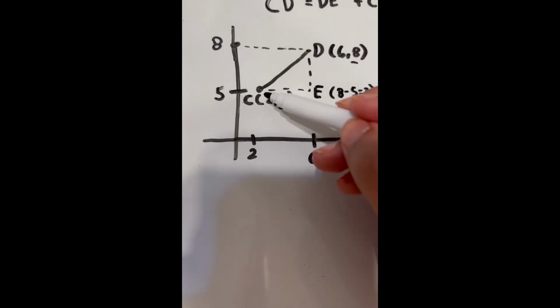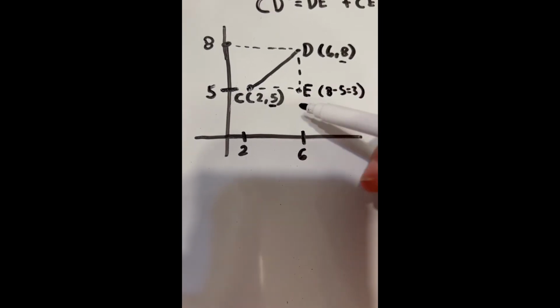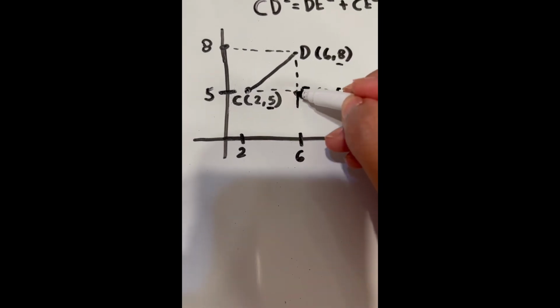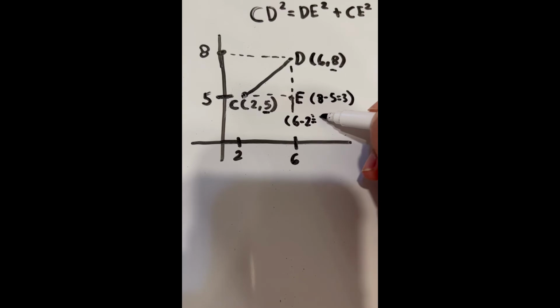And now we need to figure out the distance between C and E. So again, we only have C and D, the points, but we're going to make up this imaginary E to figure out the distance. In this case, it will be 6 minus 2, which gives us 4.